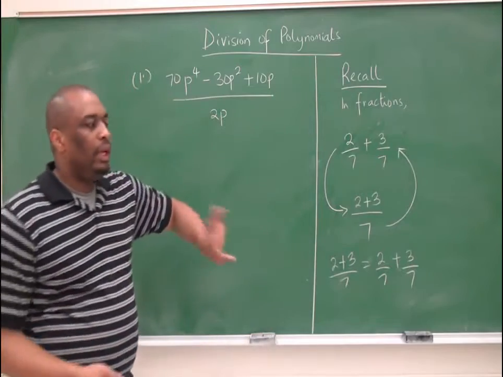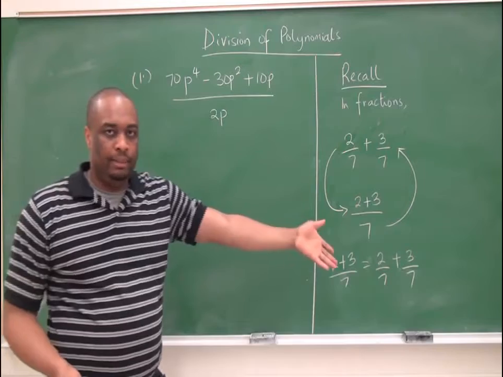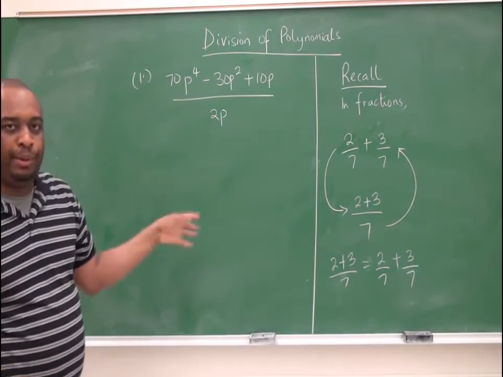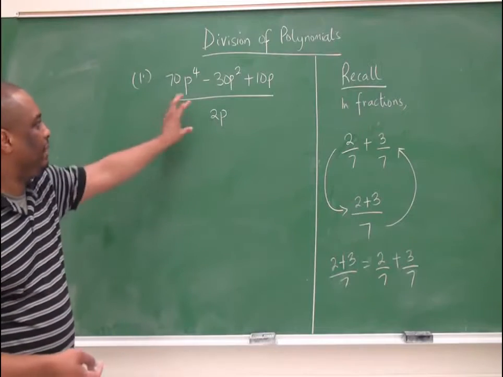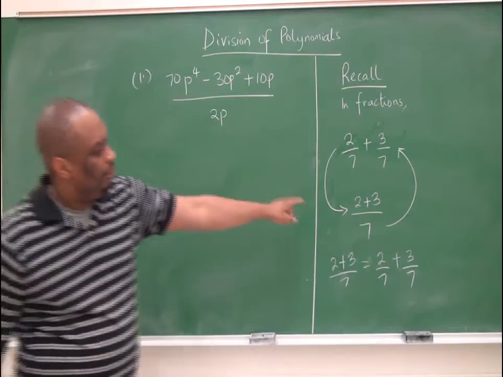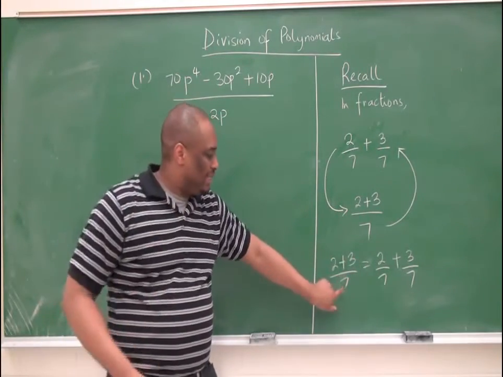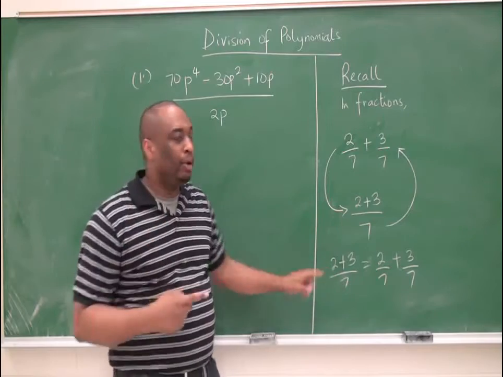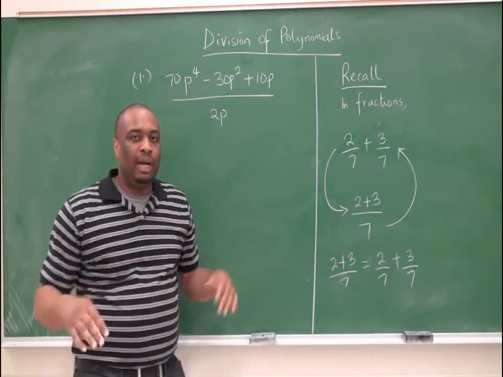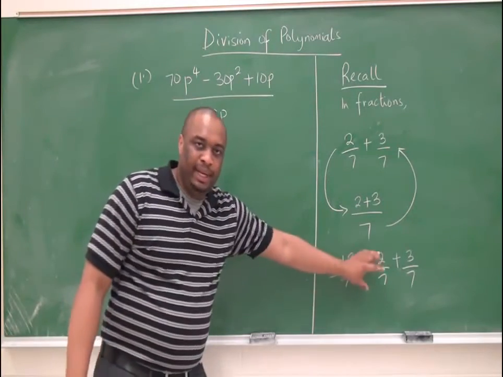Now, this is arithmetic because we are dealing with only numbers. The same thing applies when we deal with algebra, constants and variables, that's numbers and letters. Because this is a single term, a monomial, for this video we shall only look at division by monomials, you can split this up.